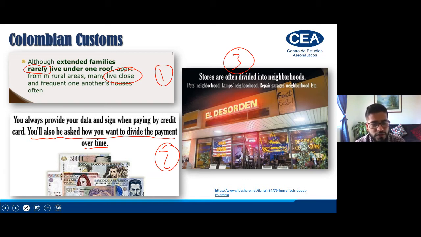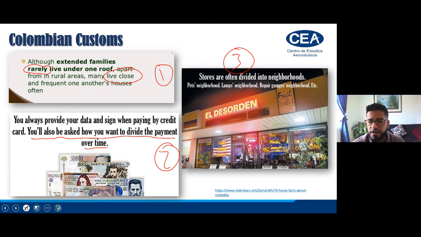Digamos, en este caso, cuando decidimos pagar todos de la misma forma, o alguno dice, no, yo voy a pagar el día de hoy y el resto me invita otro día. Entonces, esto es muy colombiano, ¿no? Depende cómo quieras dividir la cuenta, o en algunas otras regiones yo he visto que siempre paga una persona y se deja invitar la otra ocasión. Eso depende también de las costumbres, ¿ok?